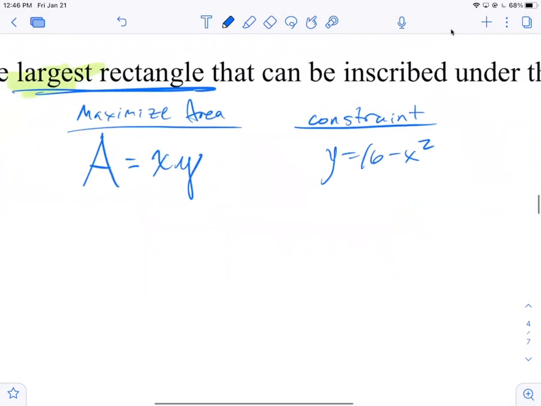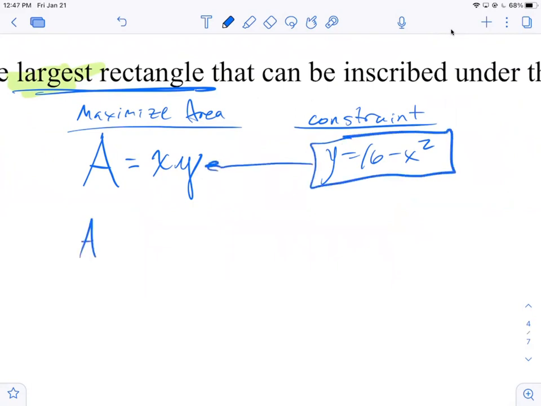Do you want to solve that for y or x? Yeah, let's solve it for y. It's just as easy to plug in for x or y. So I'll box this; I may need to come back to it. We'll plug it in there, so we get area equals x times (16 minus x squared).